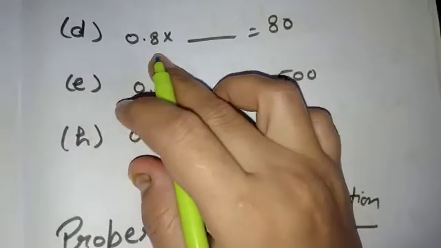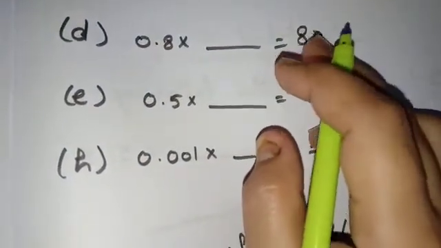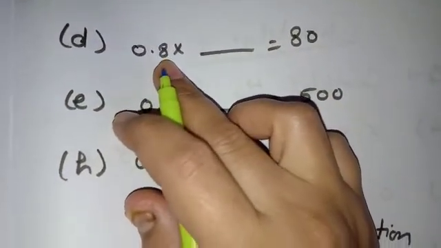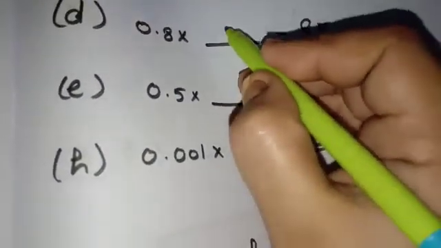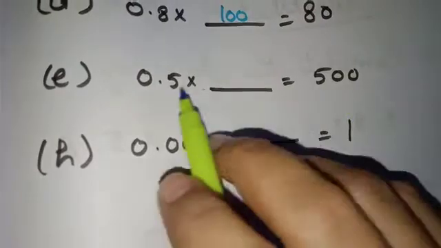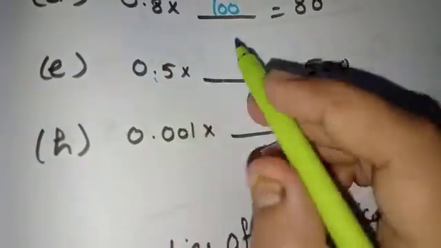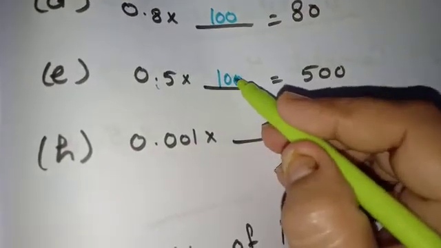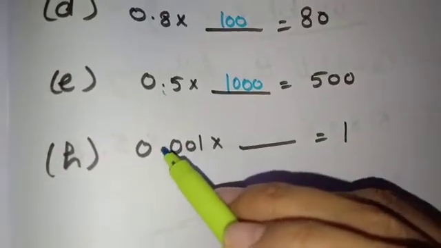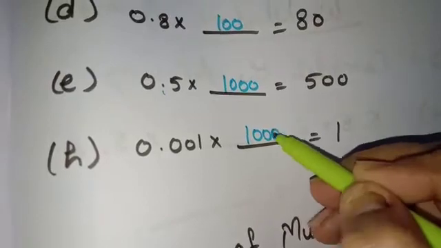Here we have 0.8 multiplied dash equals to 80. 80 means the decimal has shifted how many places? 2 places, as 8 and one more 0 has come. 2 places decimal has been shifted, so 100 will come. In the same way, here decimal has shifted 1, then 2 zeros more, so 1000 will come here. In the same way, here the number is only 1, so the decimal has shifted 1, 2, 3 places, so the number 1000 will come here.